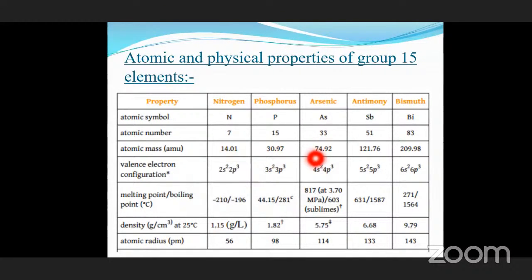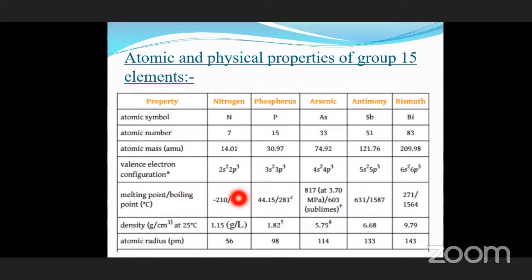The atomic mass of phosphorus is 30.97, arsenic is 74.92, antimony is 121.76, and bismuth is 209.98. We already discussed the electronic configuration, so leave it. Then melting points and boiling points.